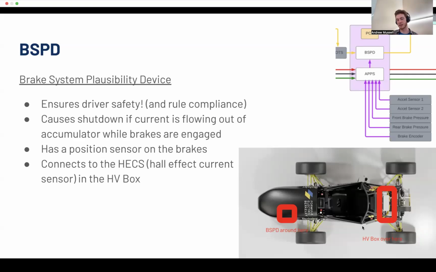Sorry, I skipped over that additional detail at the beginning. We have our high voltage box in the back, which I think is going over later, but it has a current sensor in it that routes how much current is coming out of the tractive system to the BSPD, so that the BSPD knows how much current is coming out.